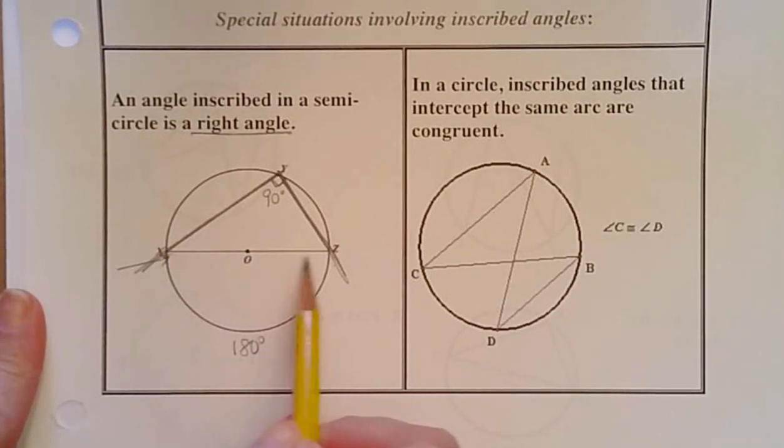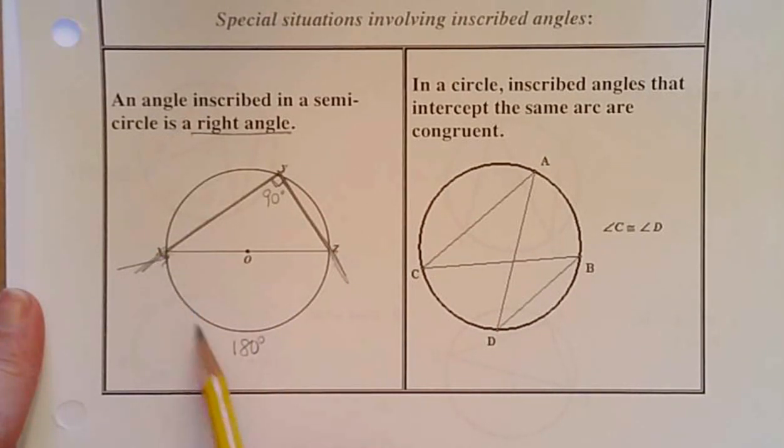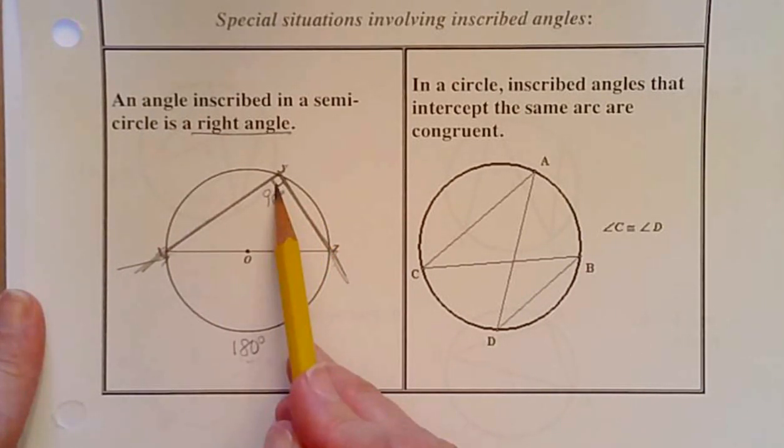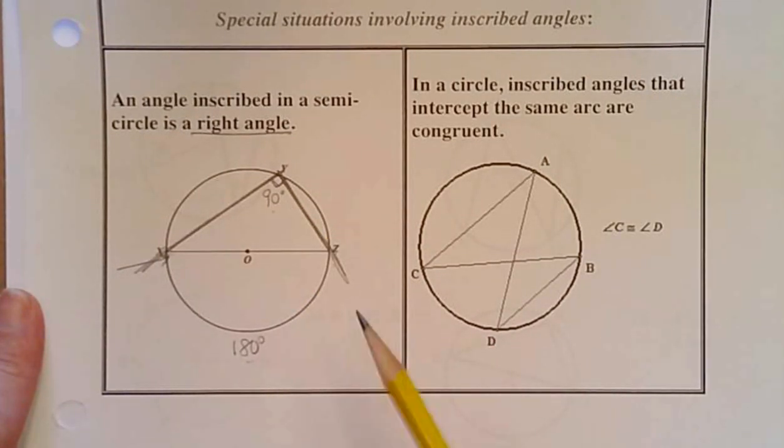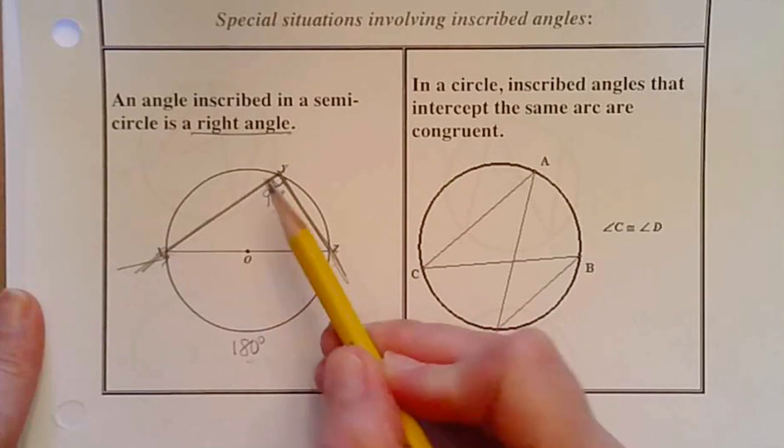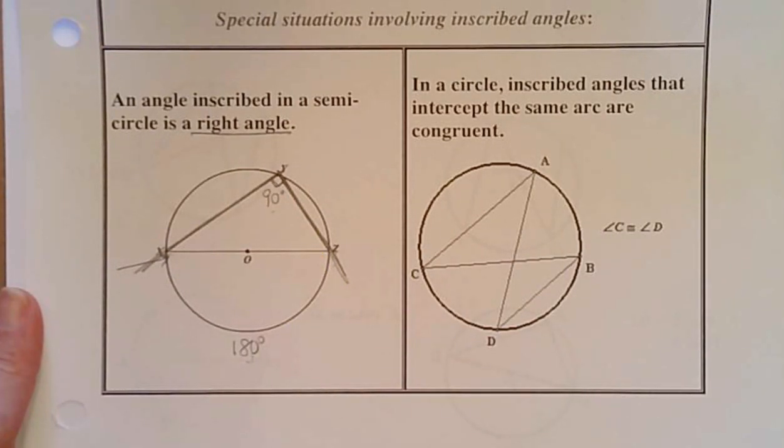Once you have a diameter, we know we have this 180 degree arc. So that's your 180 degree arc. And to get inside to here, which is 90 degrees, we have to divide by 2. Given this angle, multiply by 2 to get the arc. Memorize this example and work everything else off of that.